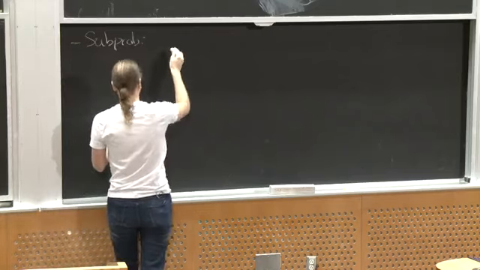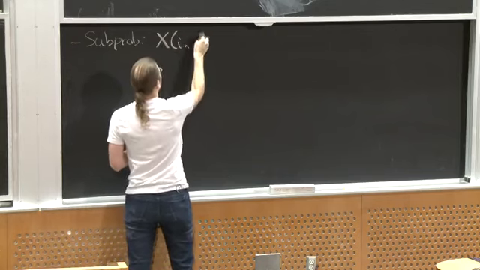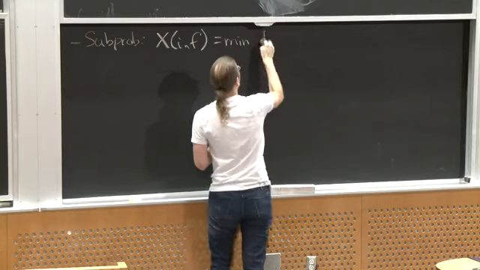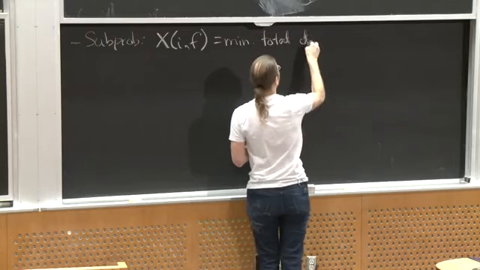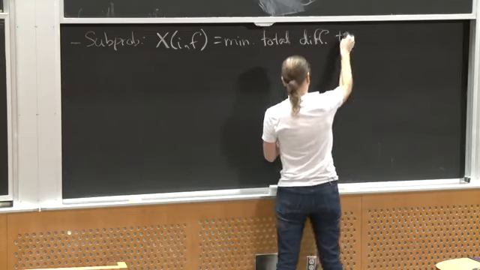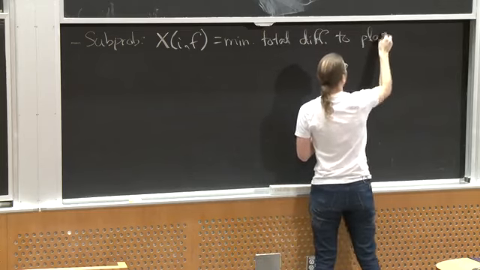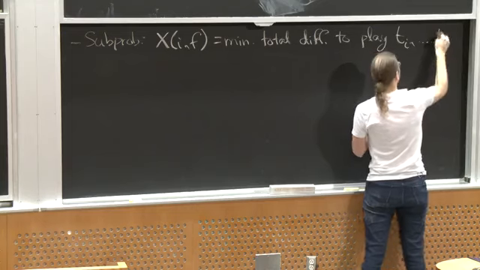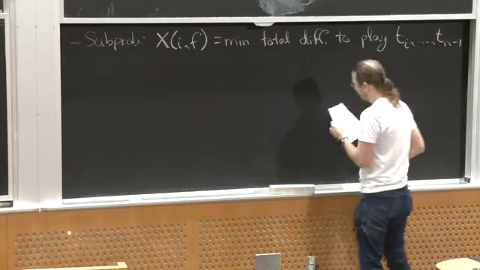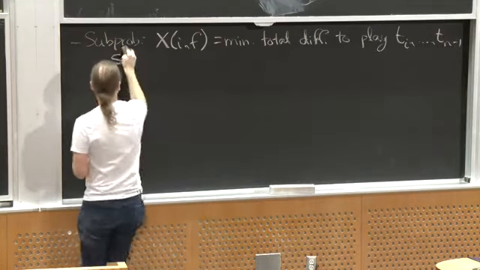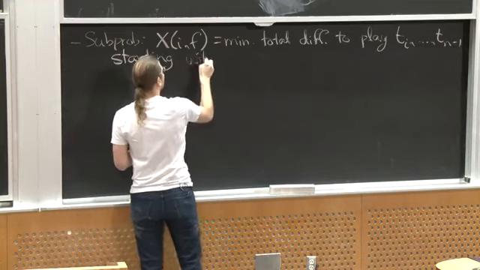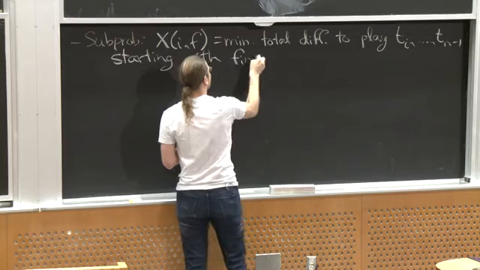So the subproblems are going to be x of i comma f. This is the minimum total difficulty to play a suffix, because I like suffixes, t_i up to t_{n-1}, starting with finger f.